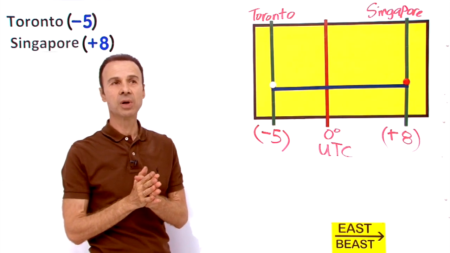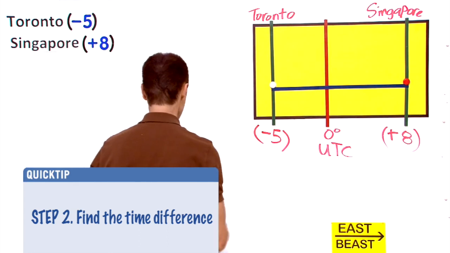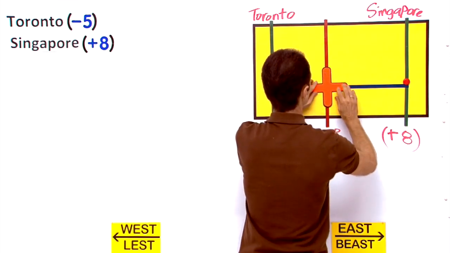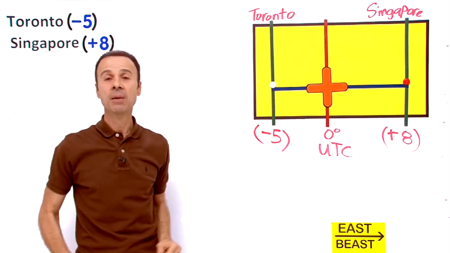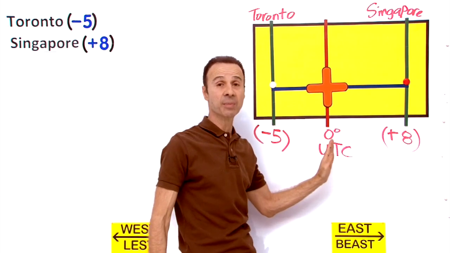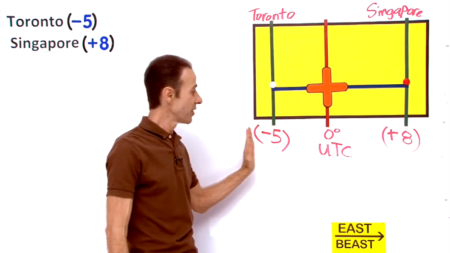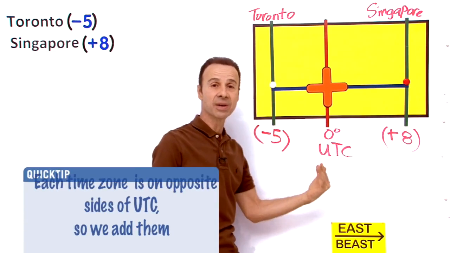Okay, time difference. Well, as you can see here, we have a plus sign right there. So what do we want to do? We want to add the 2 times. That's how we find the difference between them, because we have Coordinated Universal Time in the middle. So it's +8 plus +5. Even though that's a minus, that's 5 hours west. It's 8 hours east. We add them together.